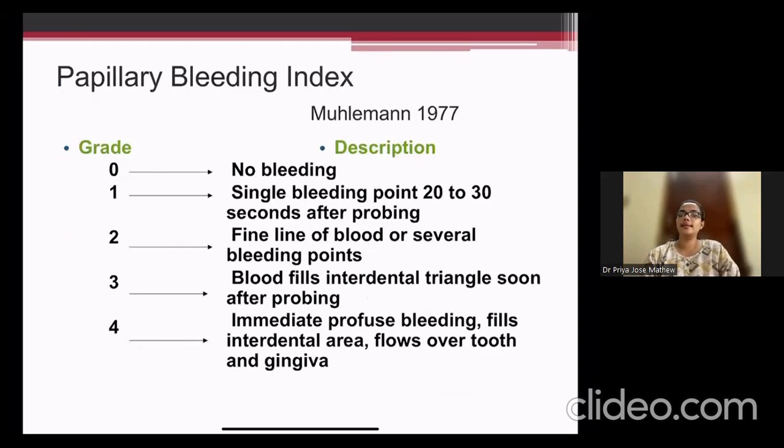Now, not going into detail with all the indices, but one of them is the papillary bleeding index by Muhlemann in 1977.